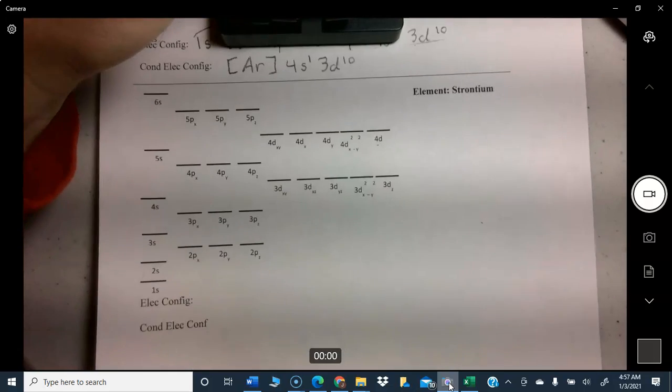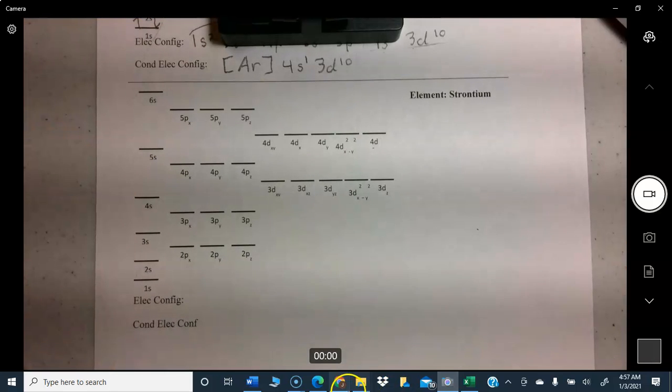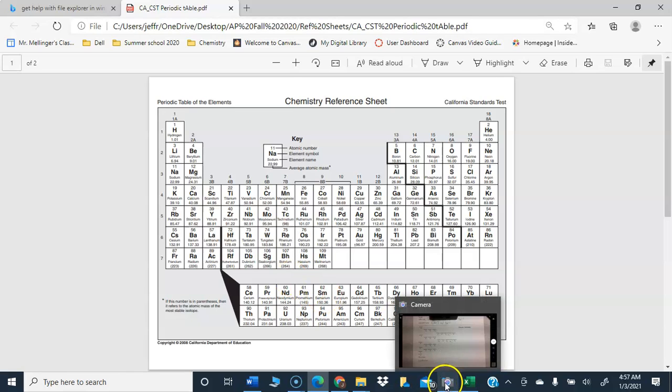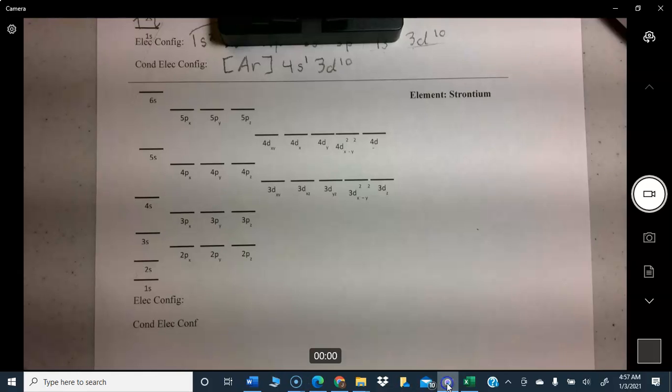Okay, so let's go down here and find it on the periodic table. Strontium's right here. It's the second element over in the 5th row. So we're going to fill everything up before that. Hopefully this is becoming kind of easy. It's in the 5s orbital. What does that tell you?